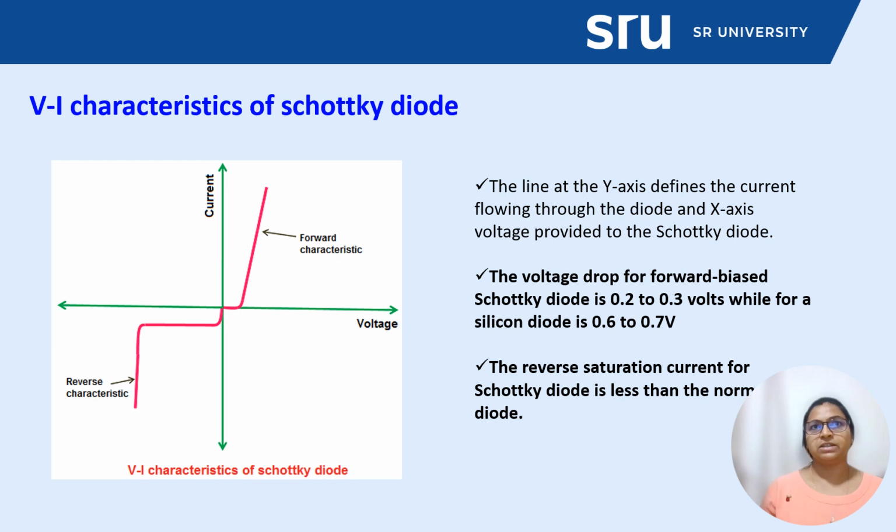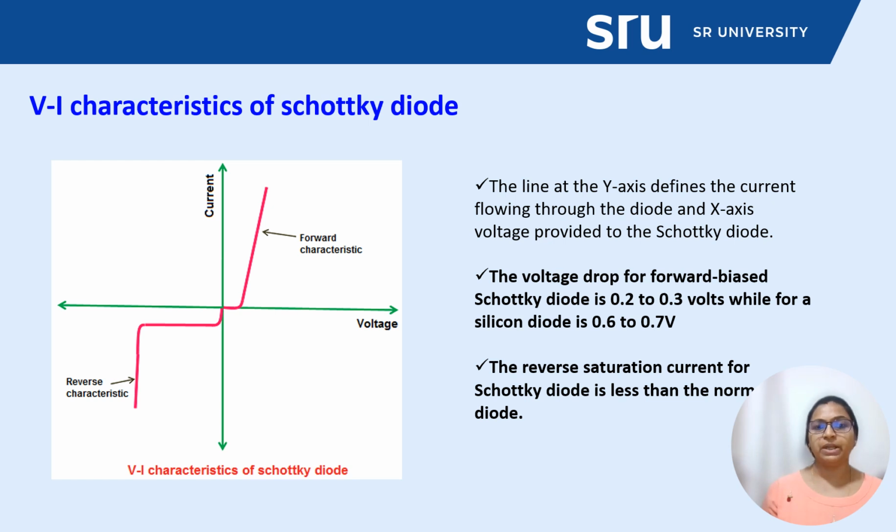In the PN junction the electrons are majority carriers in the N region and holes are the majority carriers in the P region. So these are the distinct and different features of Schottky diodes and normal junction diodes.